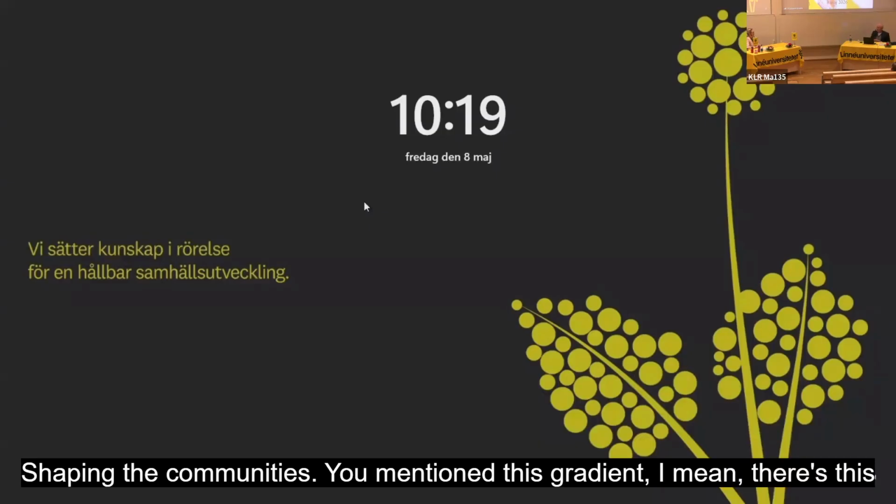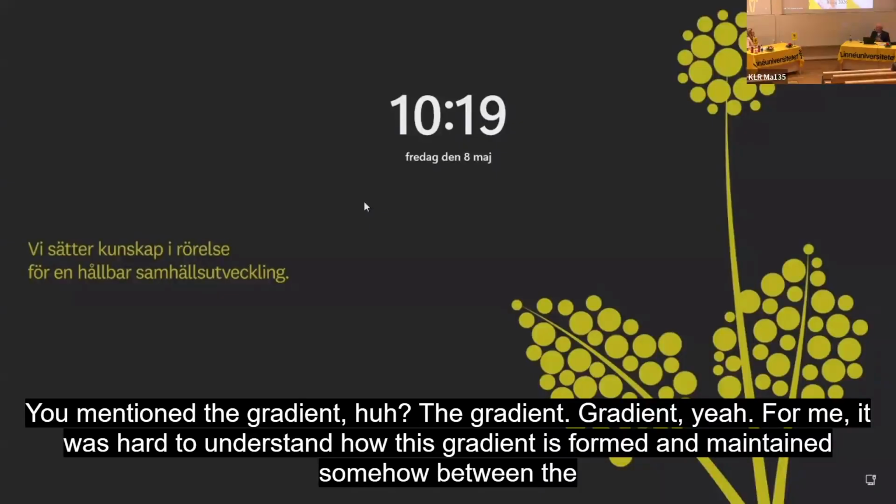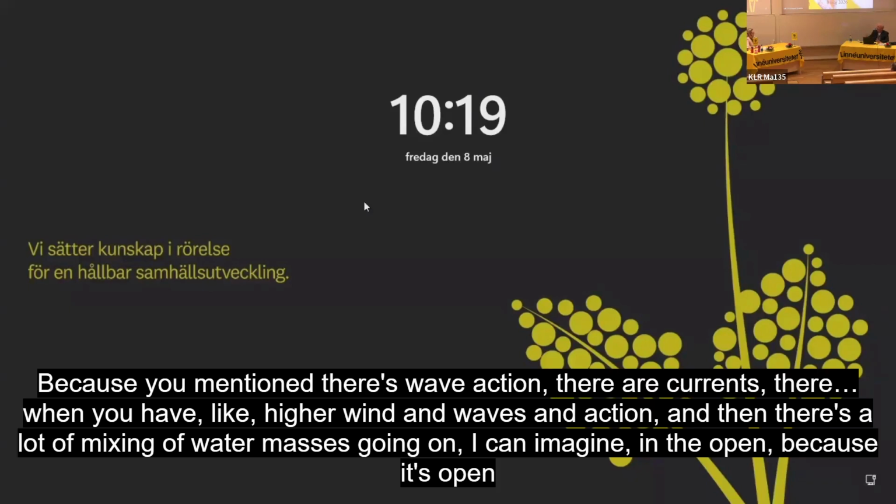You mentioned this gradient. For me, it was hard to understand how this gradient is formed and maintained, because you mentioned there's wave action, there are currents, and when you have higher wind and waves, there's a lot of mixing of water masses going on, I can imagine, in the open.